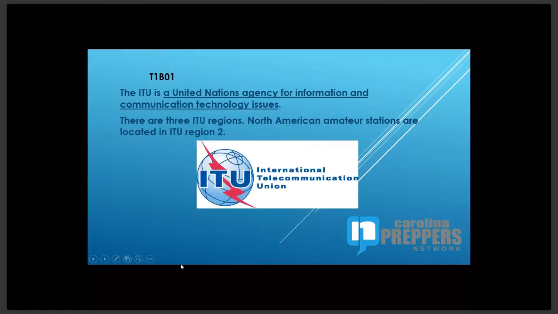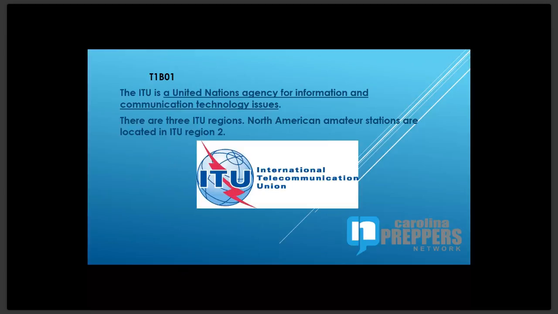It's a United Nations Agency of Information and Communication Technology. It's a consortium, a coalition, whatever name you want to use, where countries get together and make rules, and they can agree on changes that need to be made.